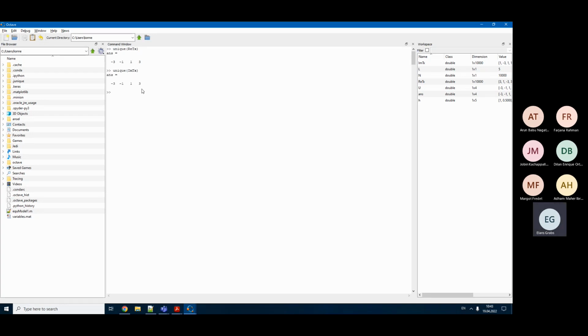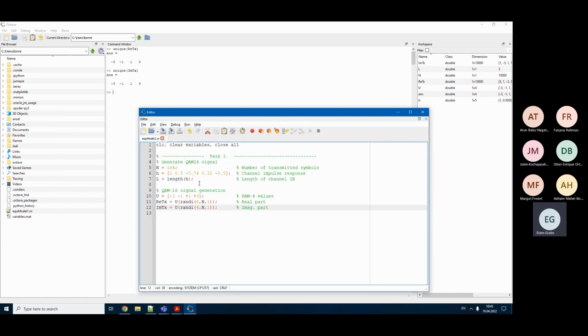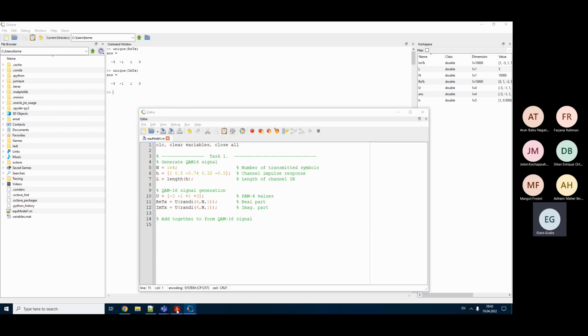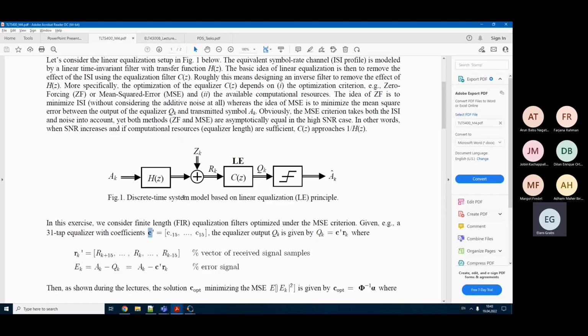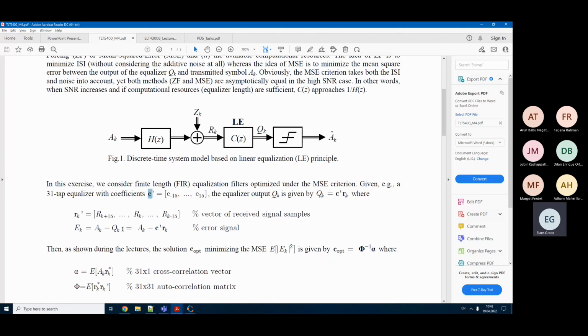So there are only 4 unique values in each of them, so yes, we have these correctly. Now we can add them together to form the QAM-16 signal. Let us try to follow these same notations as here. Now this is the key signal.